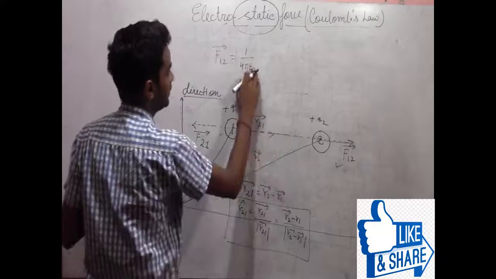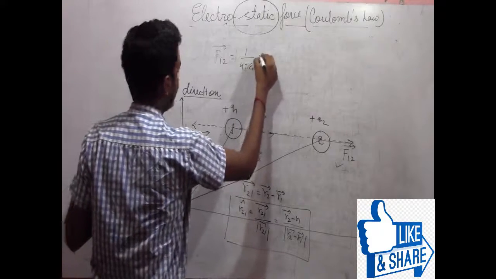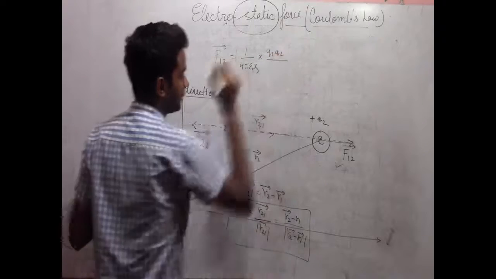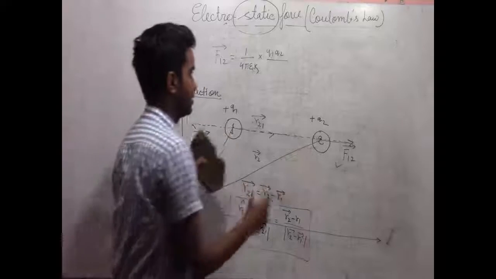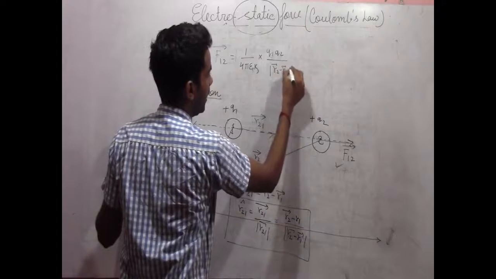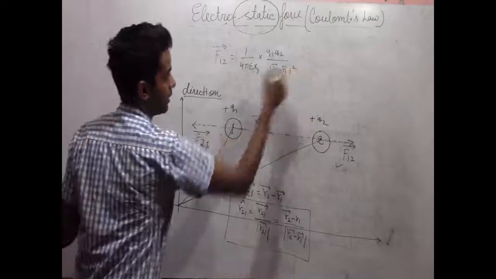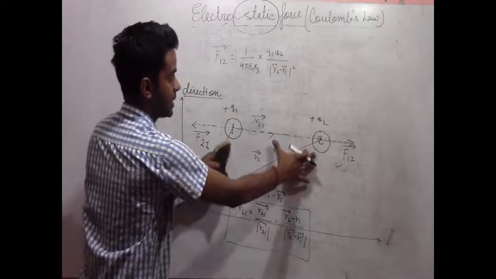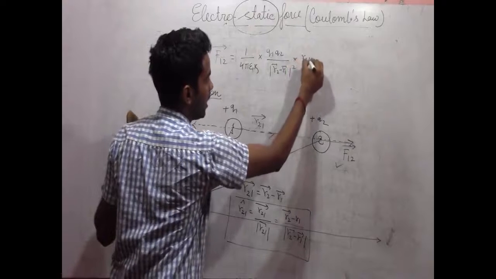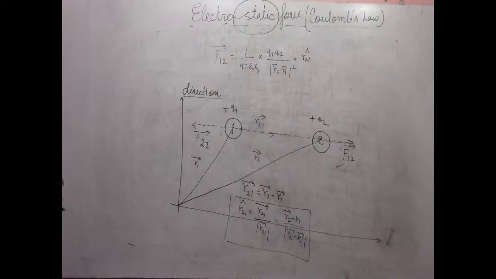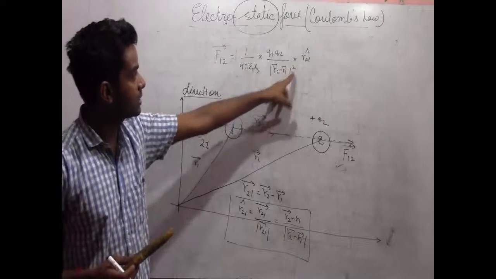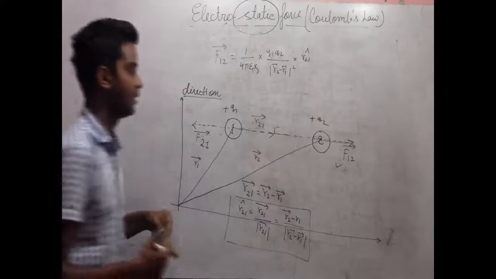Sorry, if there is a vacuum, then you may write k into q1 q2 upon the distance between the charges, which is the mod of vector r2 minus vector r1, square. And what is this direction? Vector r21 cap. Here I have written mod of vector r2 minus r1 squared, which is the same r.